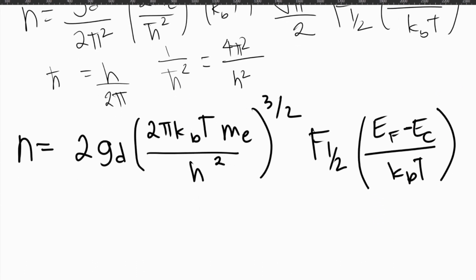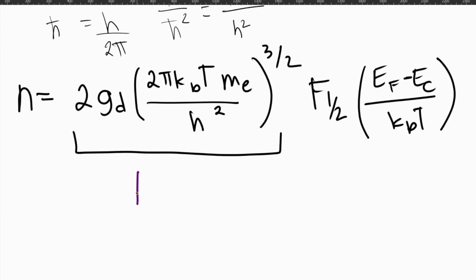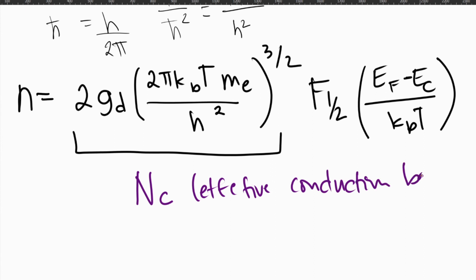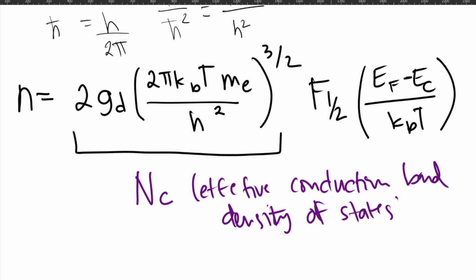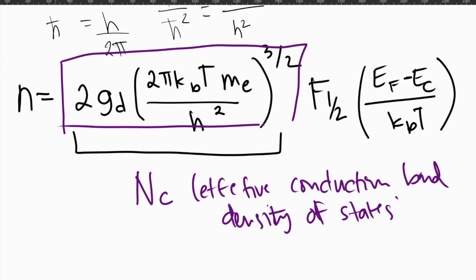And ang maganda dito, or ang hinahanap natin, kaya natin ito kinuha, this term here, itong term na yan, this is your NC, where NC is the effective conduction band density of states. So this term here, itong nakalagay dito, this is NC.